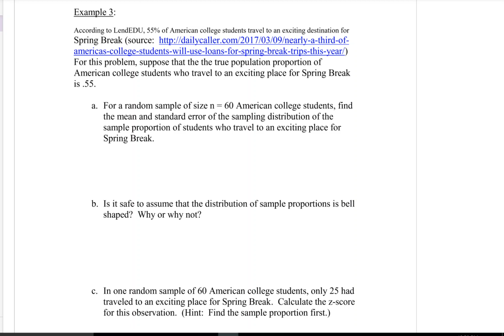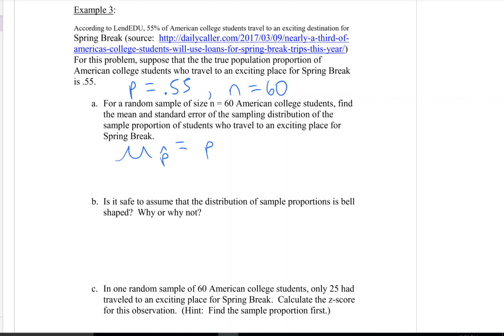Okay, so let's go ahead and write down some key information. We're told that we can assume the population proportion is 0.55, and we're thinking about a sample of size 60. We've learned before that the mean of a sampling distribution, so the mean of the sample proportions for a sampling distribution, where n equals 60, or any other number for that matter, is just the population proportion.